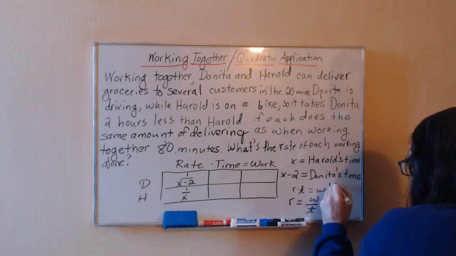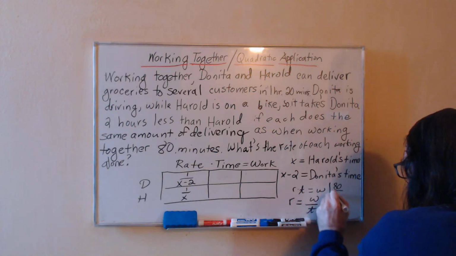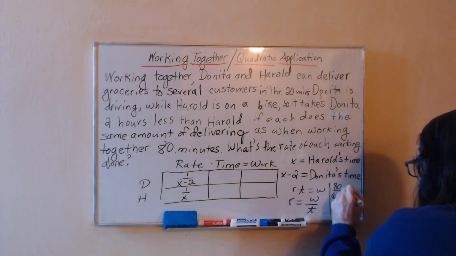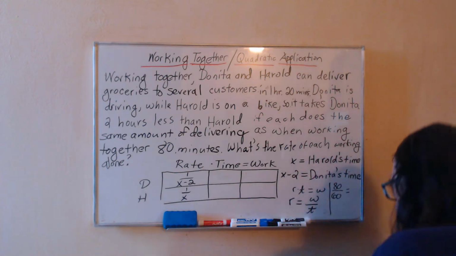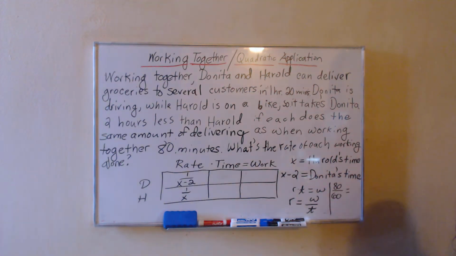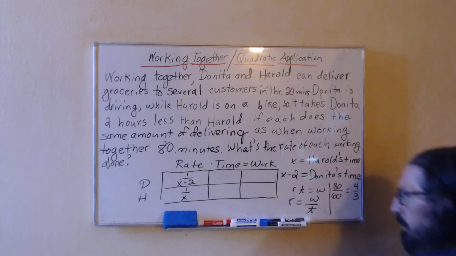So 80 minutes over 60 minutes in an hour. Reduce that: 1 hour and 20 minutes, or 80 minutes, if we divide top and bottom by 20, they are taking 4/3 of an hour when they work together.